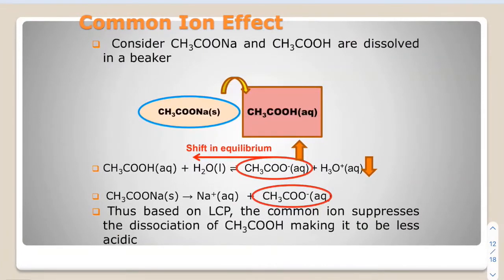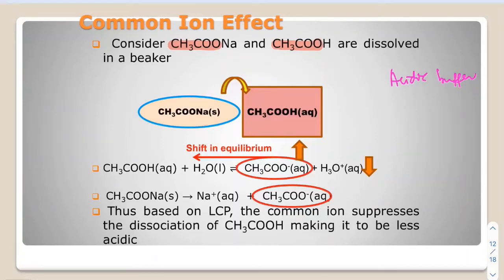So let's consider that we have sodium acetate and acetic acid dissolved in a beaker. A mixture of these two means that we have an acidic buffer. In the same container, we have acetic acid and sodium acetate.